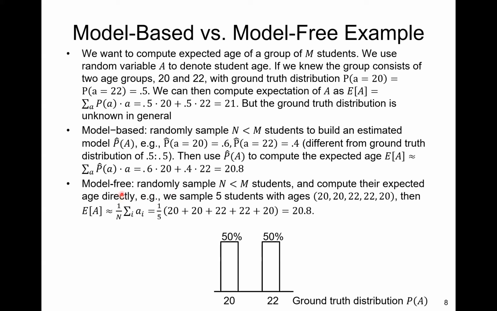If it's model-free, then you randomly sample n students and compute their expected age directly. For example, you sample 5 students with ages 20, 20, 22, 22, 20. And then you do a simple average to get 20.8. So in this simple example, these two approaches actually give you exactly the same results.